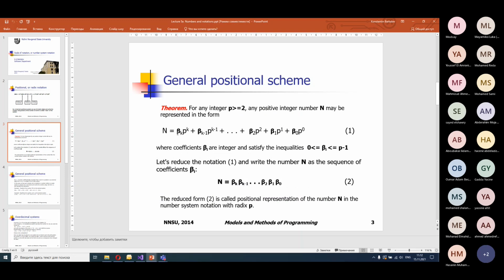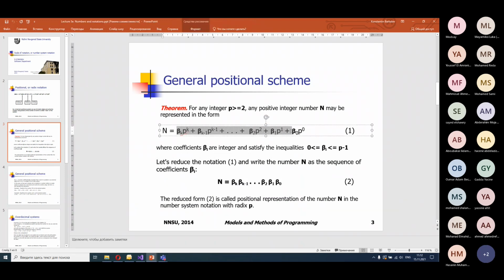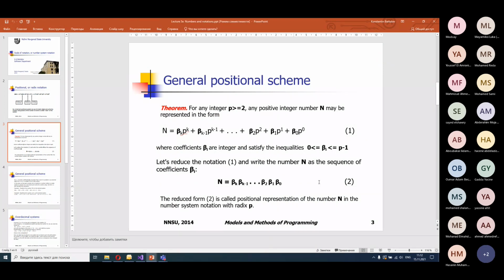And of course, in real life, we never use this expanded form. We use this short form to write numbers. And this form is called positional representation of the number n in the system of notation with radix p.